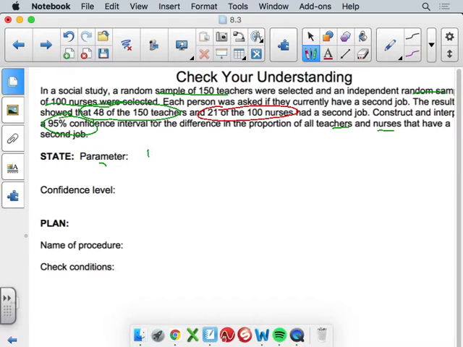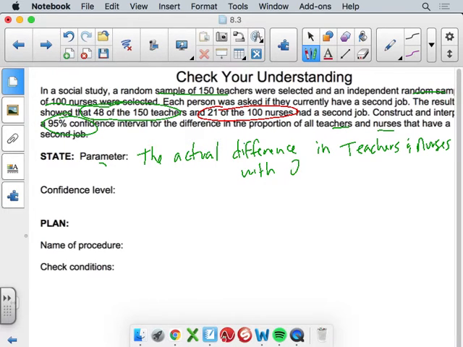What we're going for is we want to know the actual difference in teachers and nurses with a second job. What that is, we really want to know the proportion of teachers minus the proportion of nurses. What is that number? The proportion teachers minus proportion nurses.